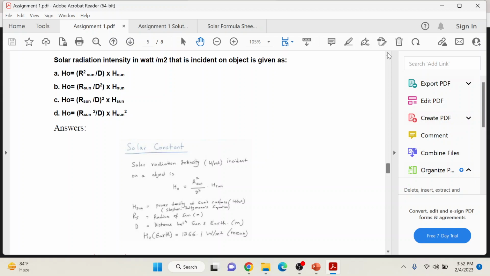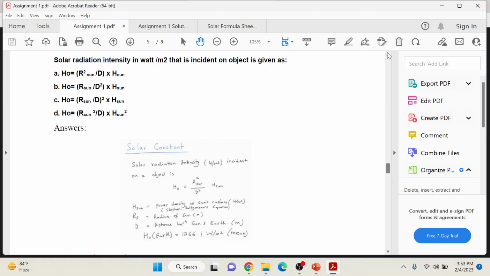What is H sun? H sun is the power density. R is the radius of the Sun and D is the distance between Sun and Earth. And the H naught of Earth is 1366.1 watt per meter square. Just for the sake, remember this value, because I have made a question after that which is based on this.